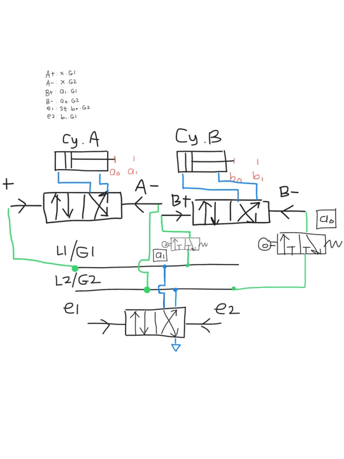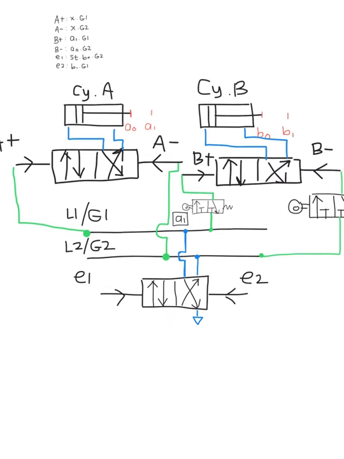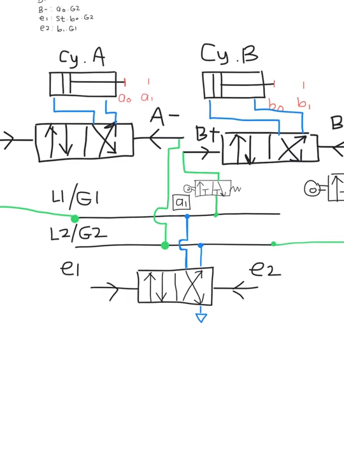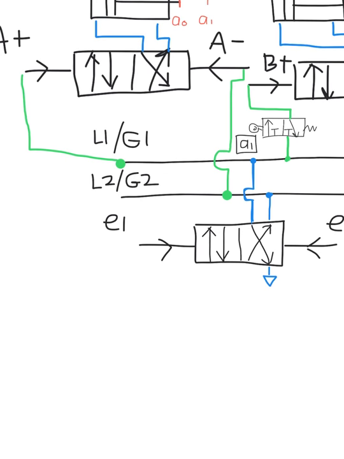Next for E1. E1 is connected with start, B node, and G2. Start is your push button, you have to put it here. Same, we are using a 3/2 way valve, but the head is different, we are using this kind of push button, so label it start.